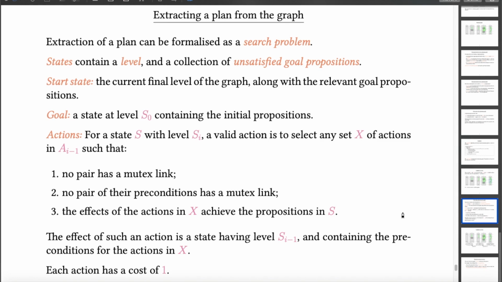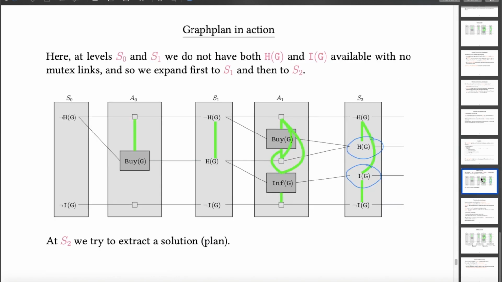Now, the start state is just the final state level for the graph that we're trying to extract a plan from, along with the relevant goal propositions. So, we've got to this point, and we start off with a search problem having a start state that corresponds to S2 with the two circled predicates, because they form the goal.